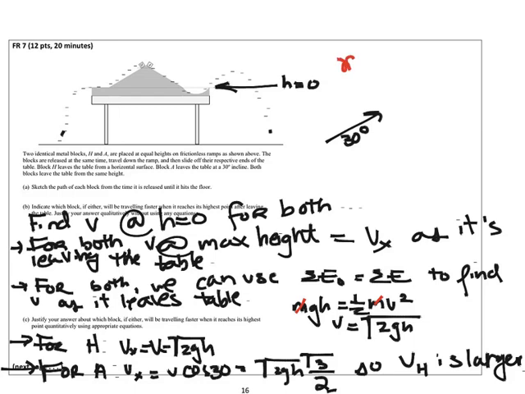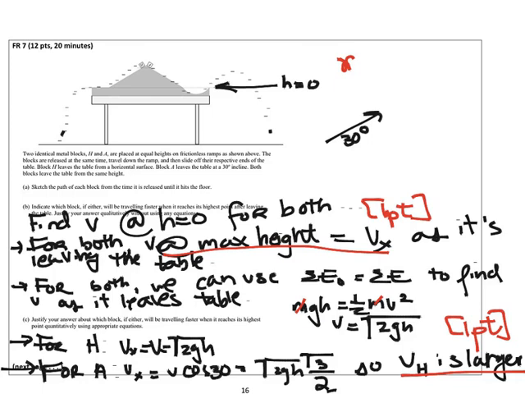if you went with kinematics, you get, again, 1 point for saying that VH is larger, so 1 point for the answer. You get 1 point for indicating that at the maximum height, the velocity is just Vx.